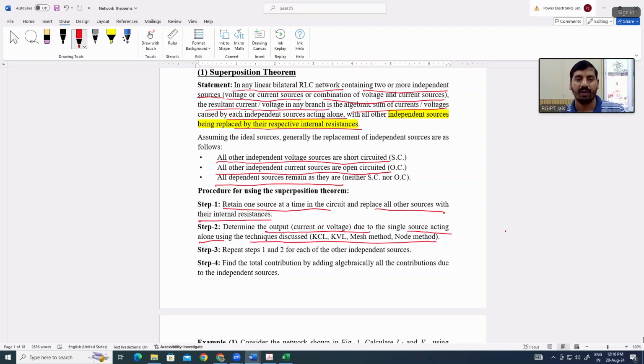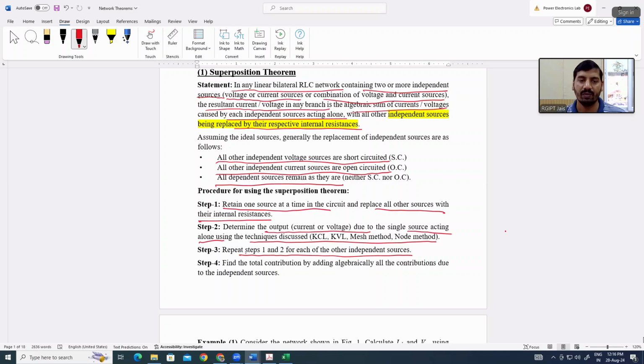Okay. In step 3, repeat steps 1 and 2 for each of the other independent sources. Means we have to consider one source at a time and solve the circuit and find out the current or voltage which was given to us. Okay.